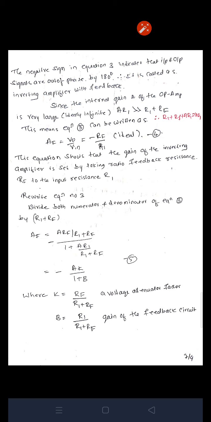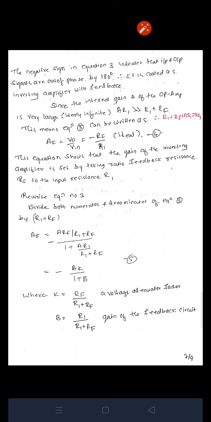This means that equation 3 can be written as r1 plus rf plus A r1 is approximately equal to A r1. Therefore, equation 3 becomes v0 by vin is equal to minus rf by r1.